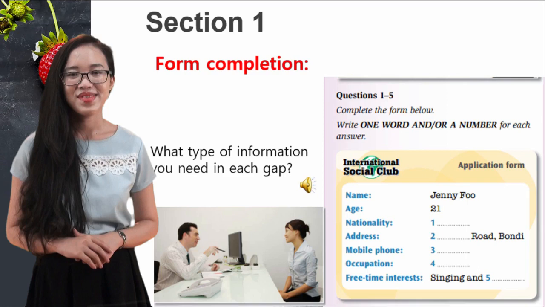Great. Now, you want to join the International Social Club, and it will be good to know a bit about your free time interests as well. What do you like doing? Well, I'm quite musical, and I really enjoy singing. Back home, I sang with a band, just for fun. But for me, what I like best is dancing. The modern sort, I really love it.